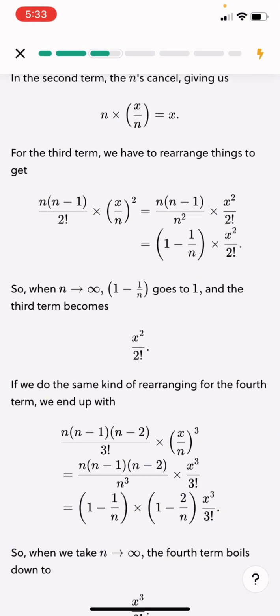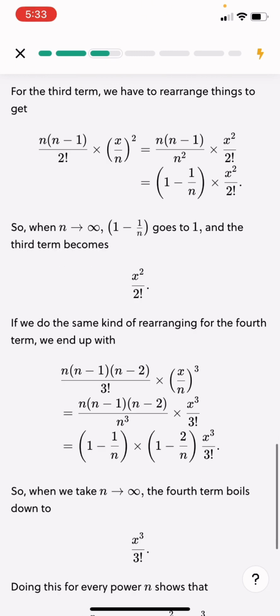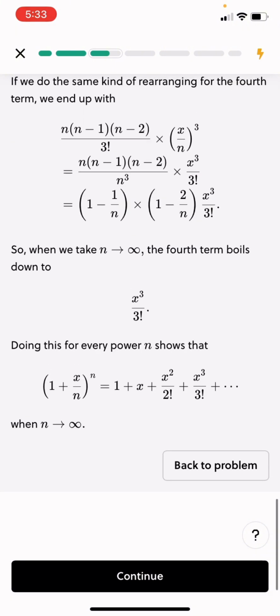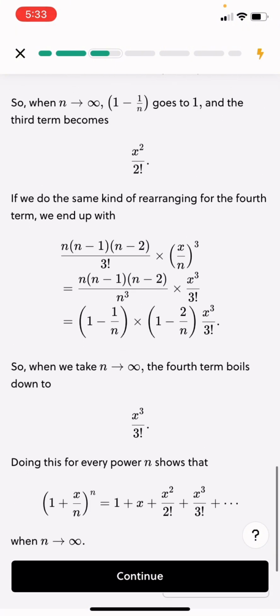So when n goes to infinity, n minus 1 over n goes to 1, and the third term becomes x to the second power over 2. If we do the same kind of rearranging for the fourth term, we end up with n times n minus 1 times n minus 2 over 3 factorial times x over n to the third power.